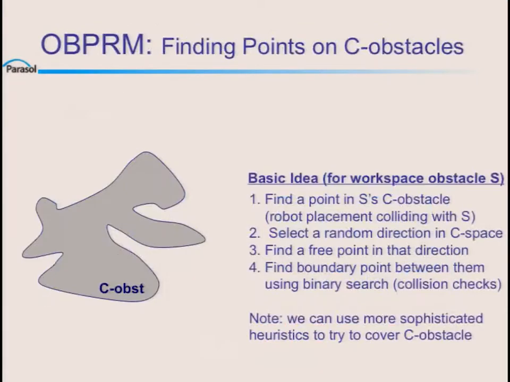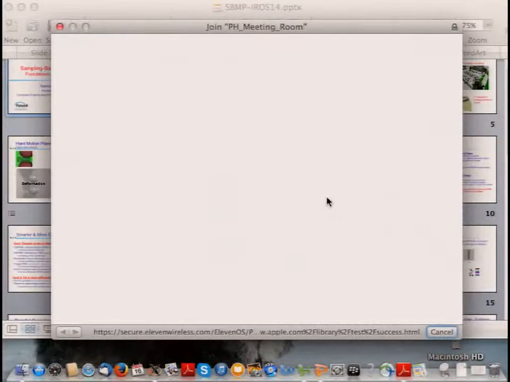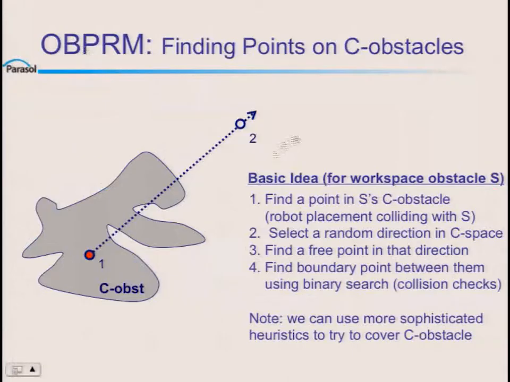Here's the idea. It's really simple. Start off with a point that's in collision and select a random direction. Now we look for a point that's free in this direction, and then do a bisection search. We continue, doing this again and again until we're satisfied that we're close enough to the surface.